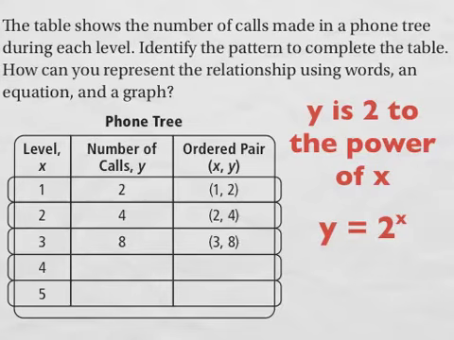Well, 2 times 2 is 4, times 2 is 8, times 2 is 16. So the ordered pair for when x equals 4 would be 4, 16. And 2 to the fifth power: 2 times 2 is 4, times 2 is 8, times 2 is 16, times 2 is 32. So my ordered pair for when x is 5 would be 5, 32.